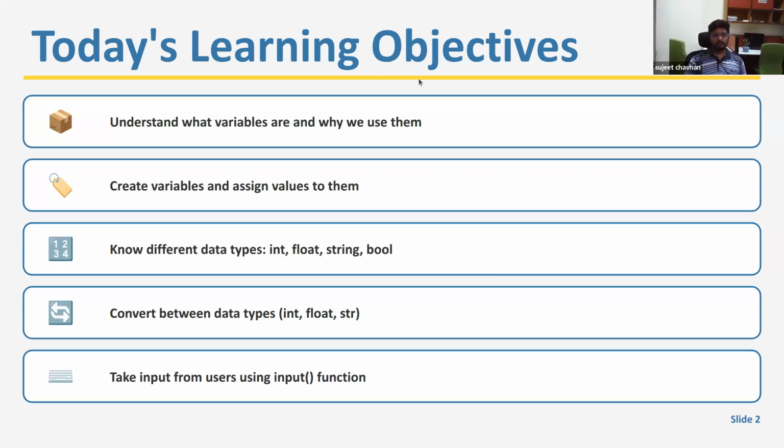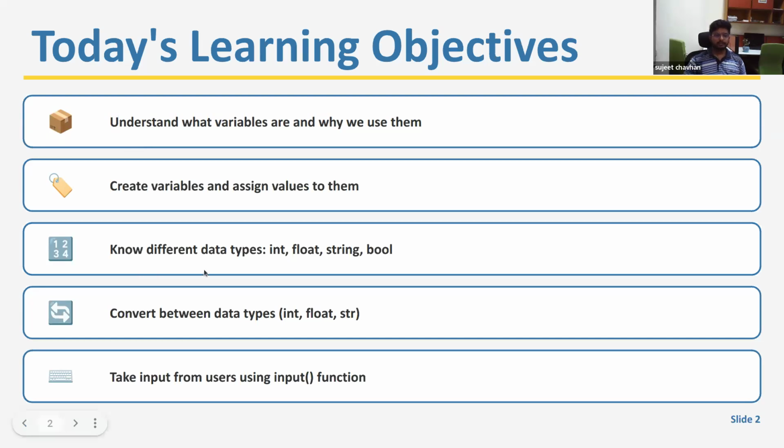What are today's learning objectives? First objective is to understand what variables are and why we use them. The next thing is we will create variables, assign values to them, print the variables and do some operations.